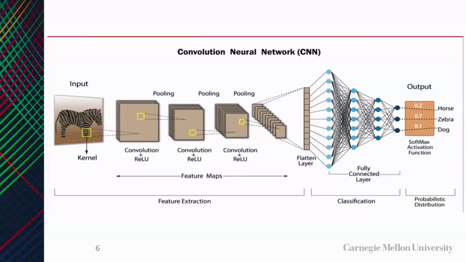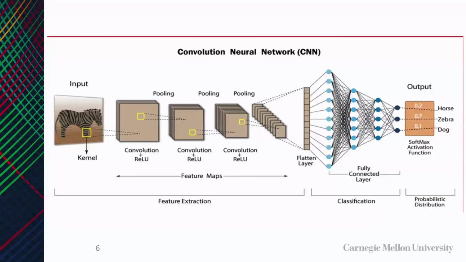In the feature extraction part, we have a sliding window that is applied on a given input image. This is also called a kernel or filter. It filters over the image and extracts different features from the image.